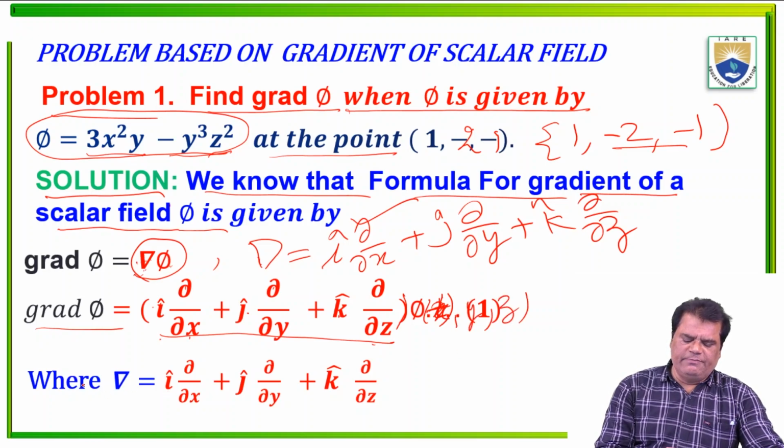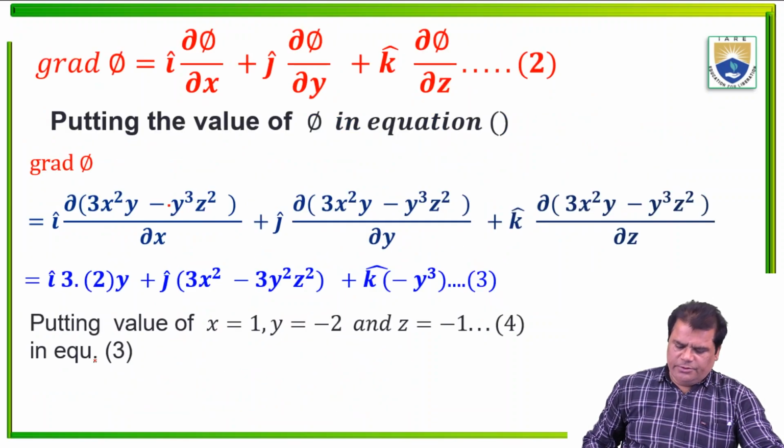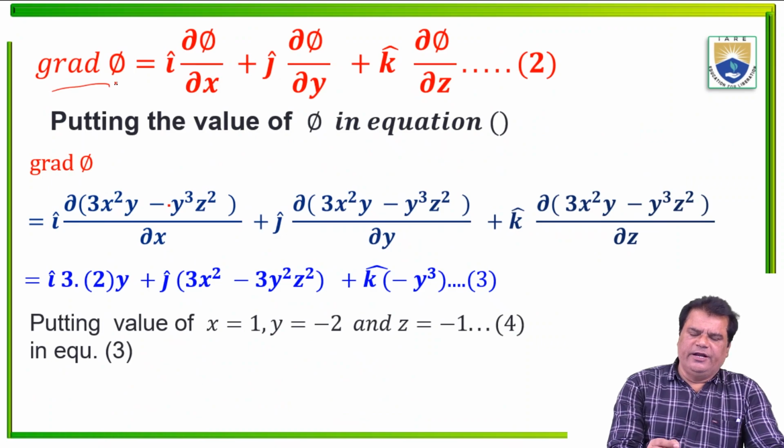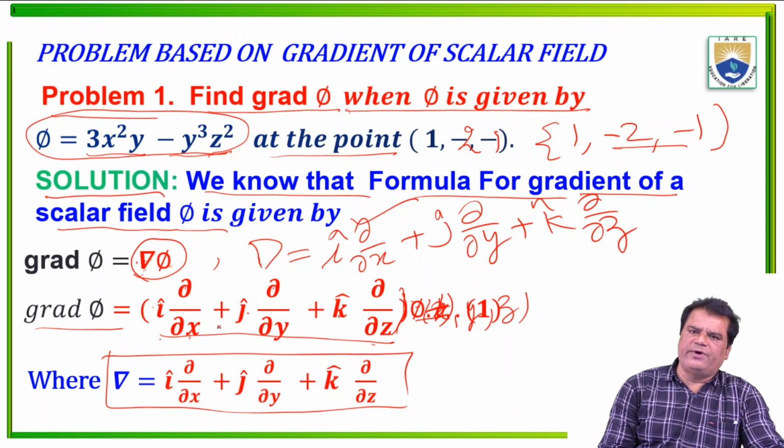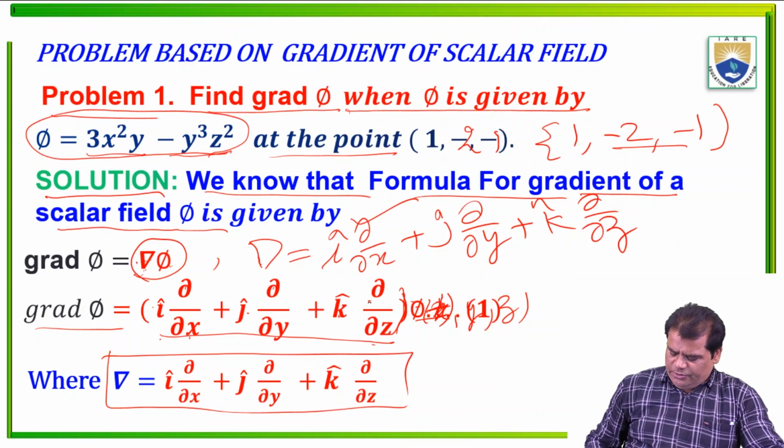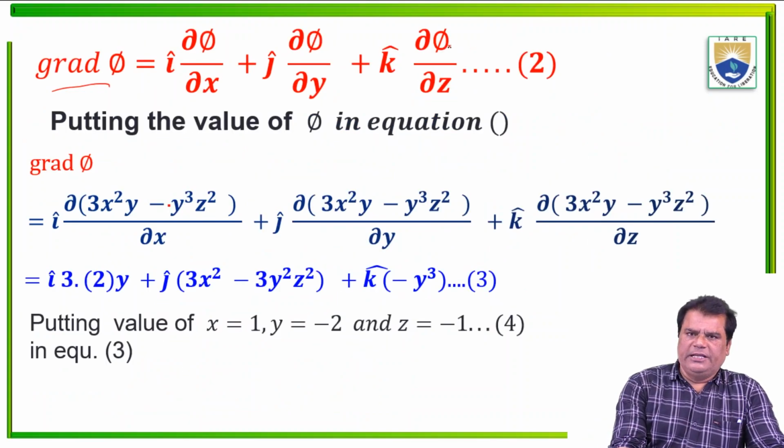So now this is the value of nabla. We have already written this. So grad phi. Now taking phi inside the bracket, here phi is outside this operator. Now operating on this phi, phi goes inside the bracket. Then it is differentiated with respect to x, y and z in each term respectively. This is not multiplication, this is an operator.